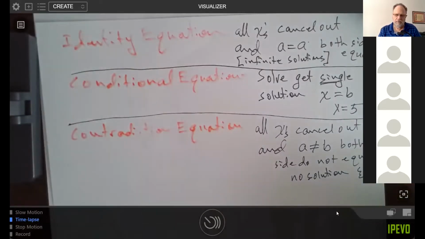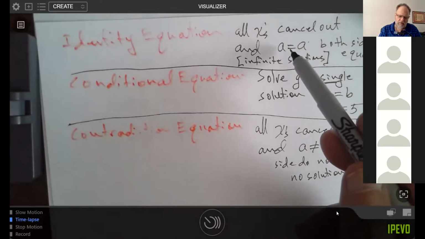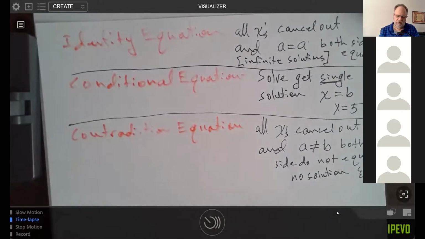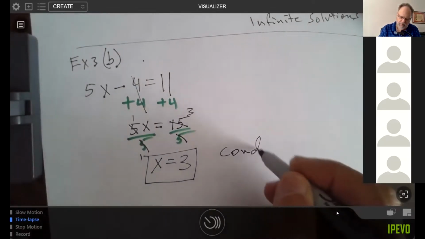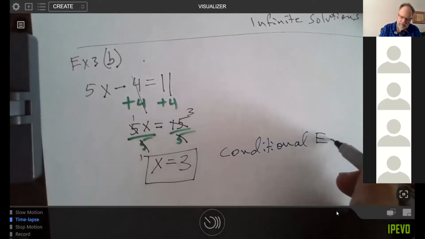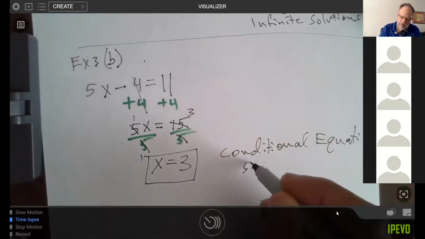So that's our solution, but what type of equation do we have here? Identity, conditional, or contradiction? Well, did the x's cancel? No. It would be conditional, right? Because we get a single solution. So this is a conditional equation with a single solution.